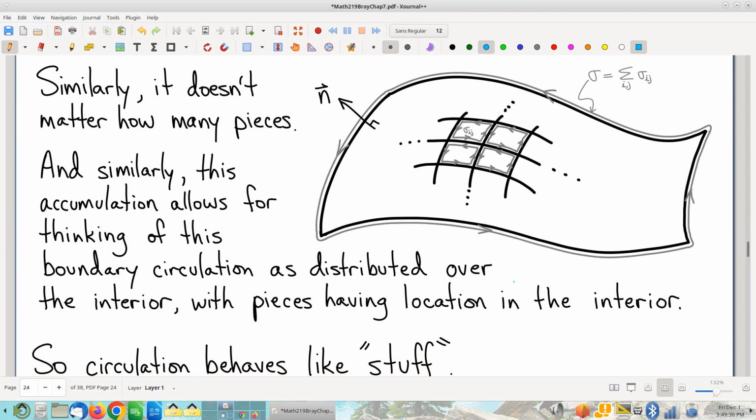Any accumulating quantity can be thought of as having location within the region as follows. If you have a whole surface here, let's suppose we're interested in mass, a certain total amount of mass on this surface.